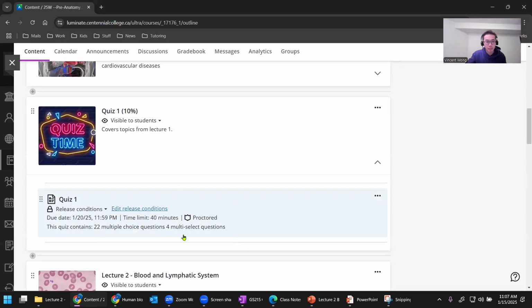And you have to have the lockdown browser. I don't remember if I mentioned this already, but this is a little bit different from last semester. Last semester, the end point was 11:59, and I literally had people doing the quiz at 11:50 and they would still get the full time. That's not the case for this system.